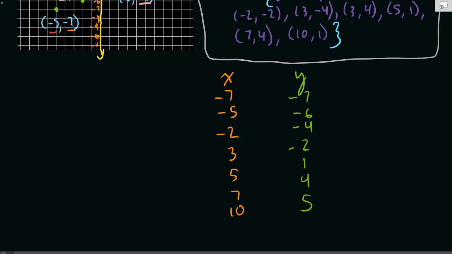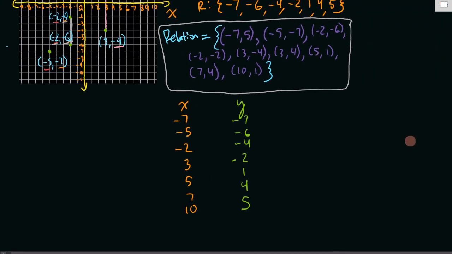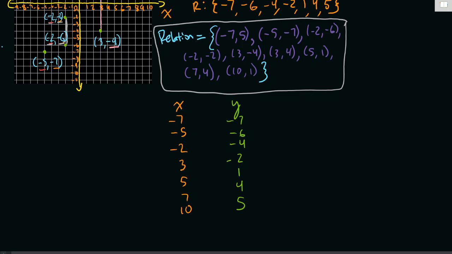Okay, so now what I'm going to do is I'm actually going to describe this relation by showing arrows going from each x value to the y value it goes to. So -7 on the x-axis goes to 5 on the y-axis.